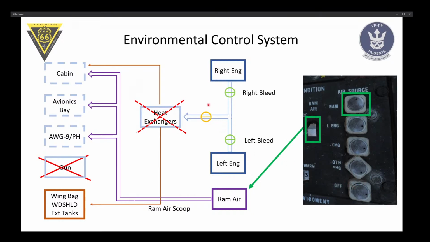But this is basically a rare occasion, because you can never be absolutely sure that there's nothing wrong with this, and only something wrong with this. But this is basically what these 5 switches do. One more restriction is if you deploy the ram air scoop, I think you have to stay below Mach 0.9 or 350 knots indicated, because it would just tear the ram scoop apart if you were to go faster.